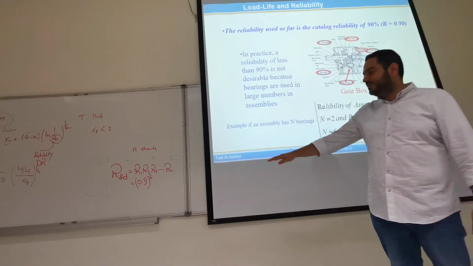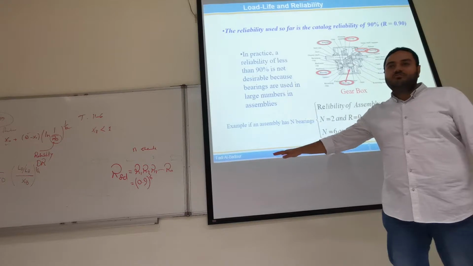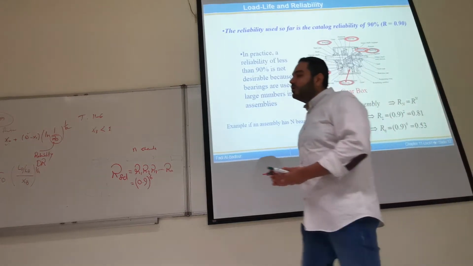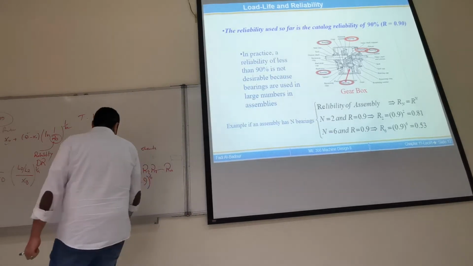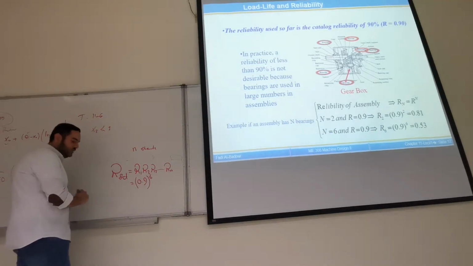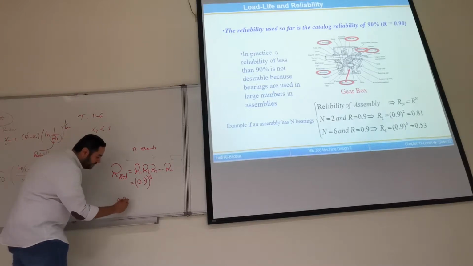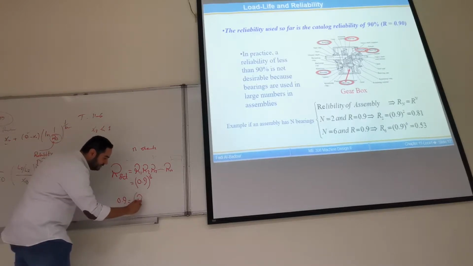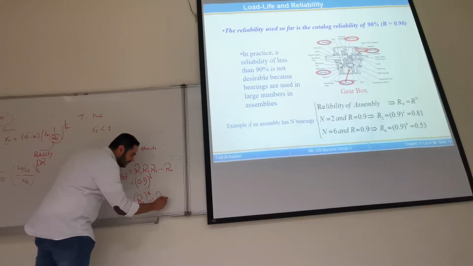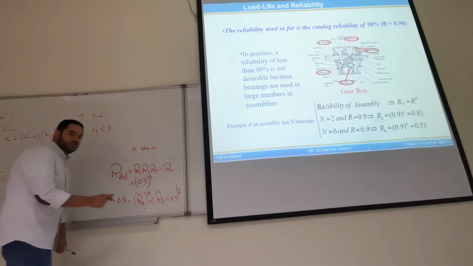So if you believe 90% is a good choice for individual reliability, no. The answer is no. What if you want the set reliability to be 90%? You just simply reverse this formula. So if this is 0.9, it will equal individual reliability to power 6. So from here, R is equal to 0.9 to power 1 over 6. Can anybody calculate that?